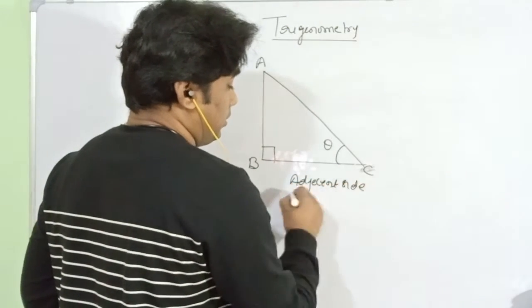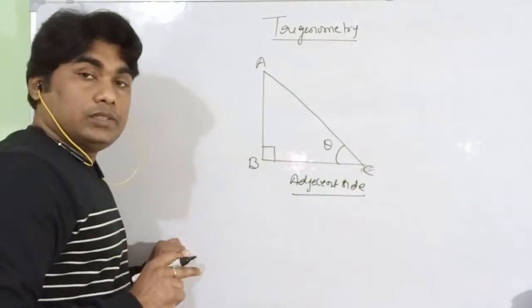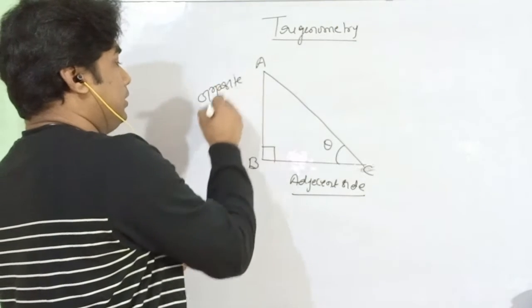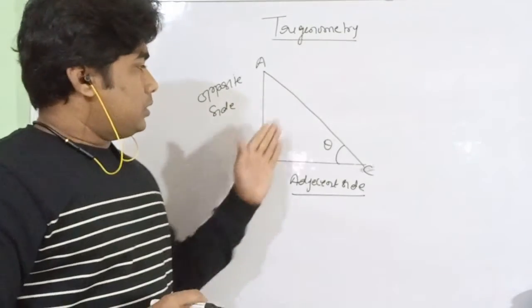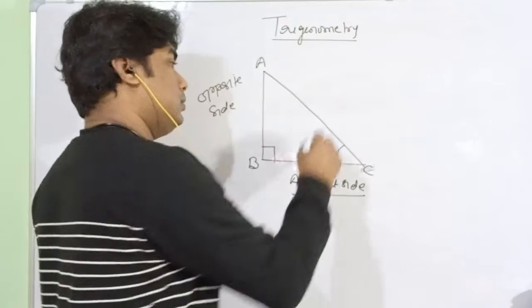And opposite to the theta is known as the opposite side of a right angle triangle. And opposite to the right angle is known as the hypotenuse of a right angle triangle.